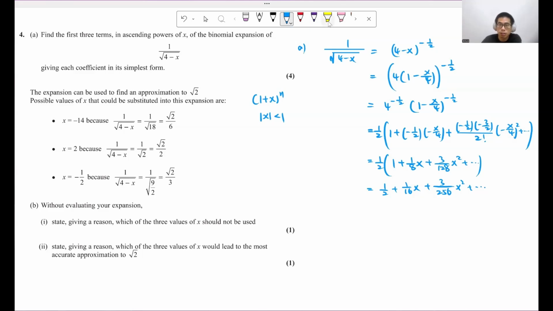In this case, when we factorize it out, (1 minus x over 4) to the power -1/2 is what we need to look at. So negative x over 4 would be the x. So negative x over 4, modulus, is less than 1. That means mod x over 4 is less than 1.